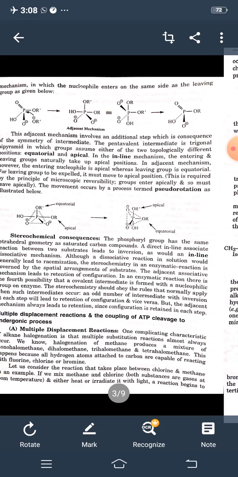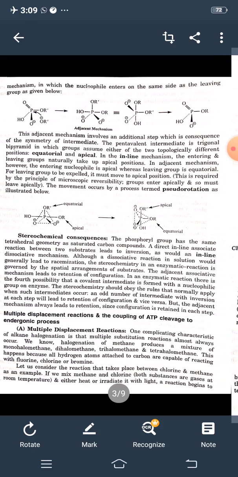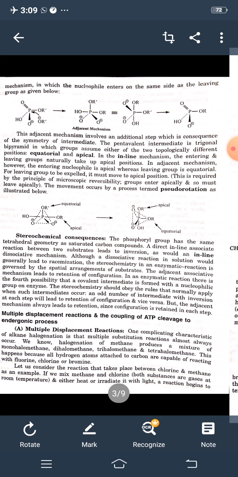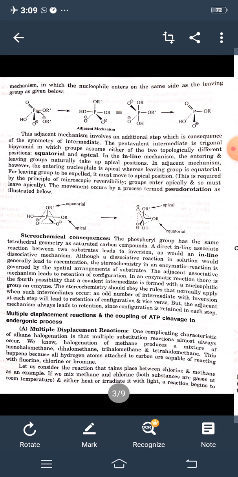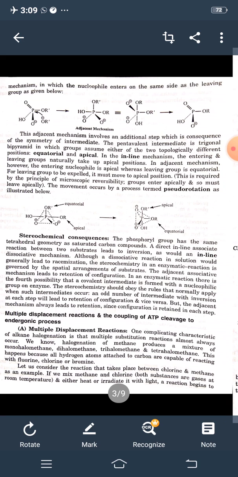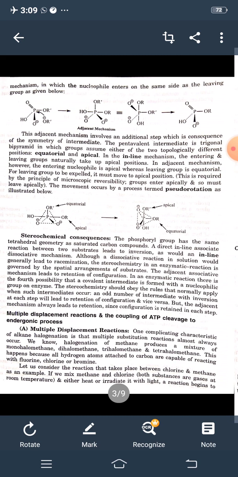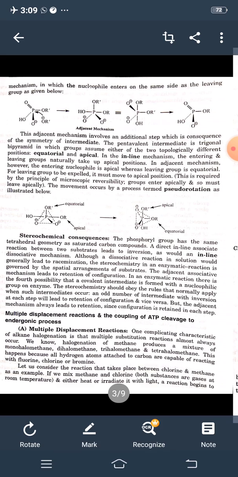The adjacent associative mechanism leads to retention of configuration, as in SN2 reactions. In an enzyme reaction, there is the fourth possibility that a covalent intermediate is formed with a nucleophilic group of enzymes.